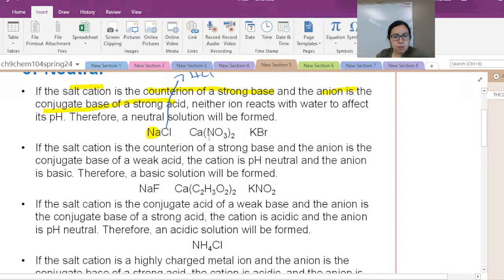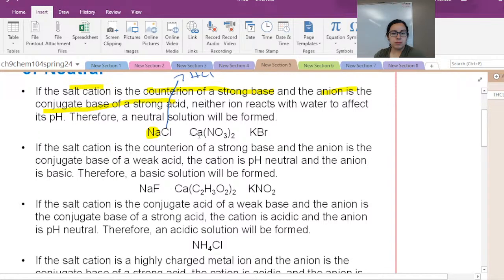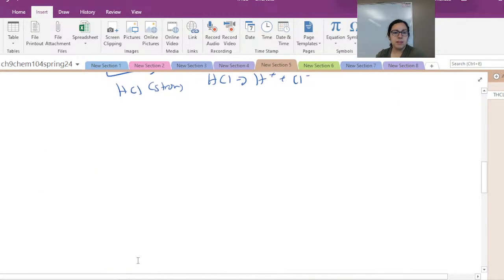And then, same thing, we can do our analysis for this one. So where does calcium come from? What base is it associated with? Don't overthink it. What's calcium paired with if it's a base?